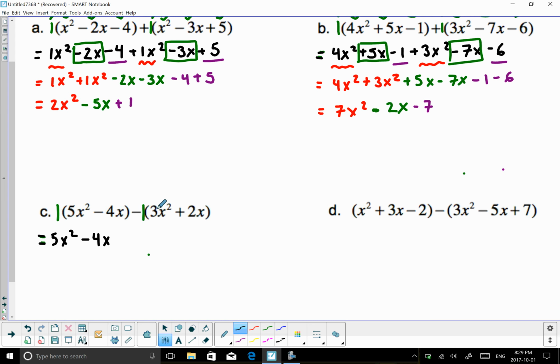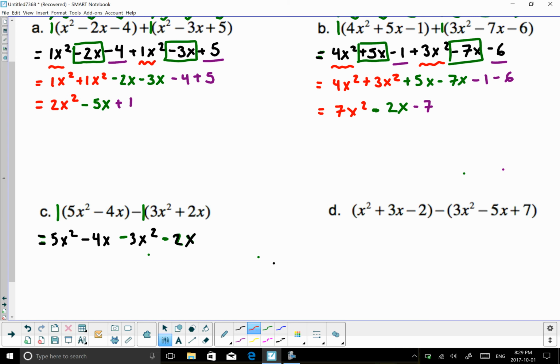Negative 1 times 3 is a negative. Positive times a negative makes a negative. Negative 1 times 2 is negative 2x. So when I'm multiplying a negative times a positive, the result's going to be negative. So here the difference changed in the signs. Okay, so it's a little different than the pluses.